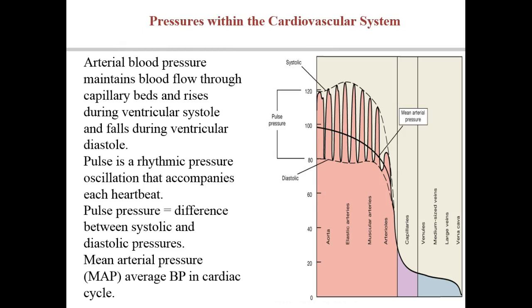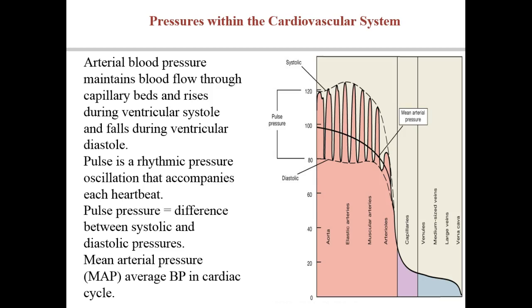This maintains blood flow through the capillary beds. It rises during ventricular systole and falls during ventricular diastole. So think of the left ventricle contracting in systole and moving blood out and then filling during diastole.